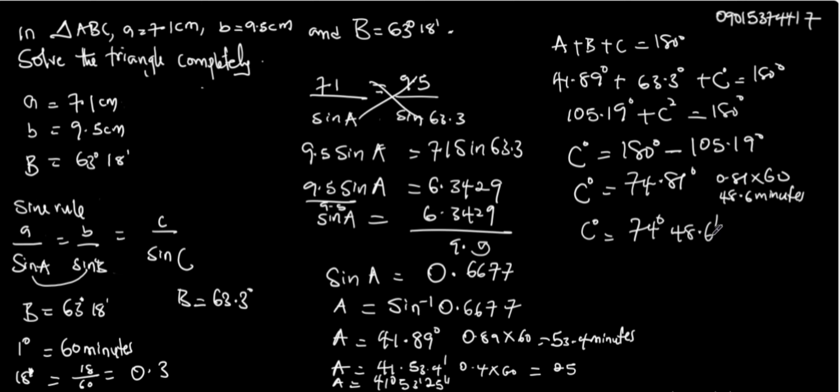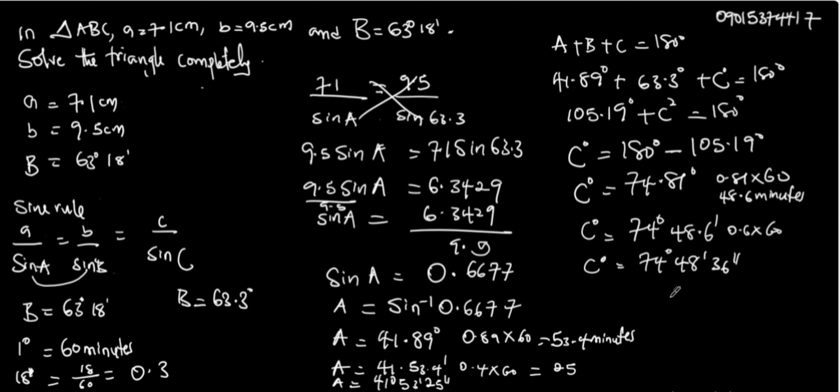You can go ahead to convert this 0.6 minutes to seconds. That is 0.6 times 60, which is 36 seconds. That means our C degree is equal to 74 degrees, 48 minutes, and then 36 seconds.